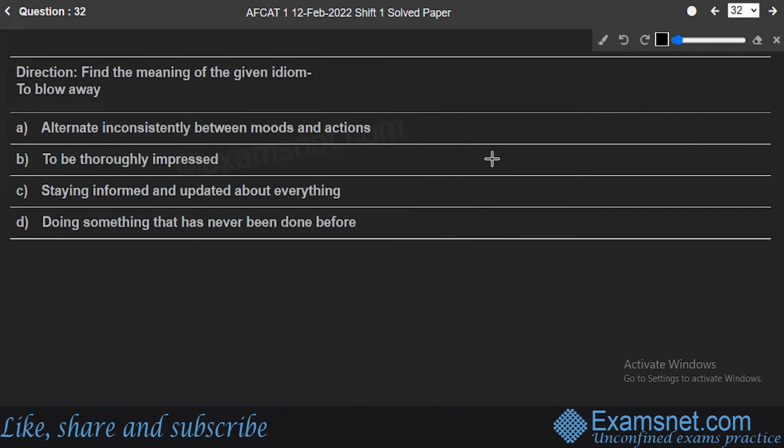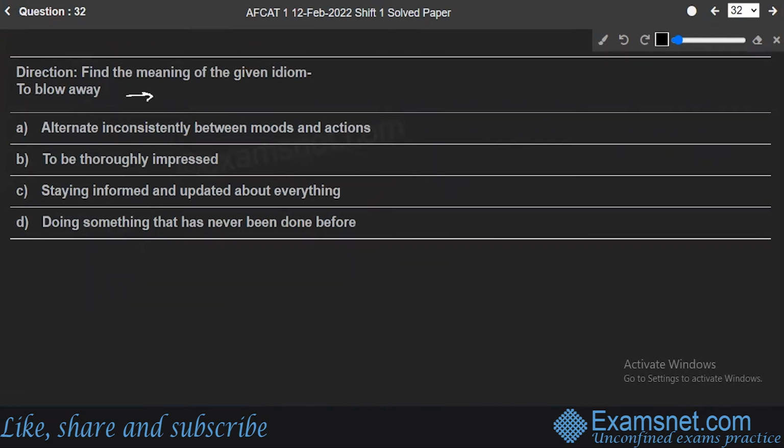So now the next one is to blow away, and you have to find out the correct meaning of this idiom. Alternate inconsistently between moods and actions, to be thoroughly impressed, staying informed and updated about everything, doing something that has never been done before. So first of all, let's see the meaning of this idiom.